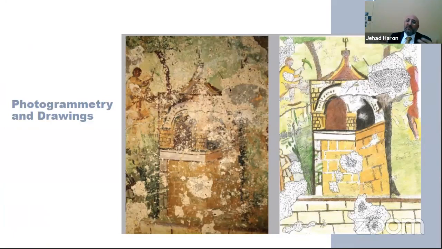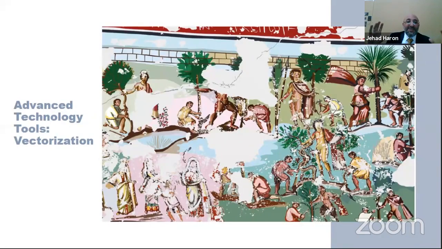This included photogrammetry, different photos, and hand drawings, which were very important to understand some features in the mural paintings, up to the new technology called vectorization, which we are still finalizing. Maybe in 2021, we can show the final result of our work in vectorization, which will help us enrich our understanding of the different scenes.